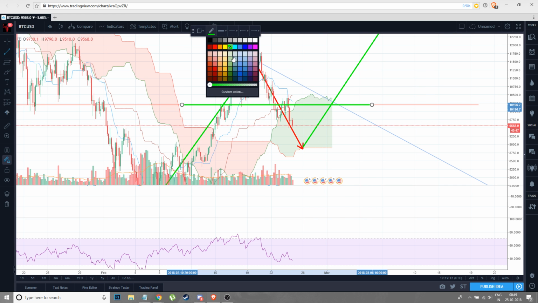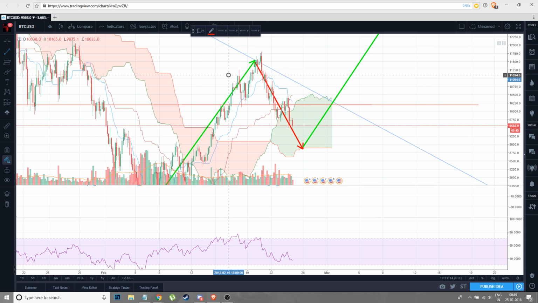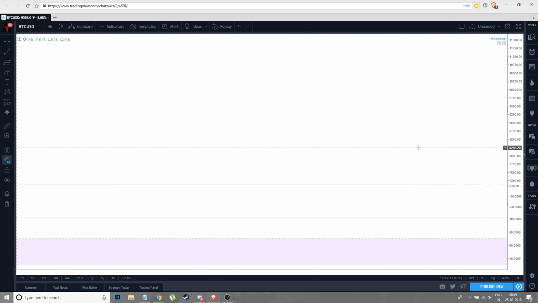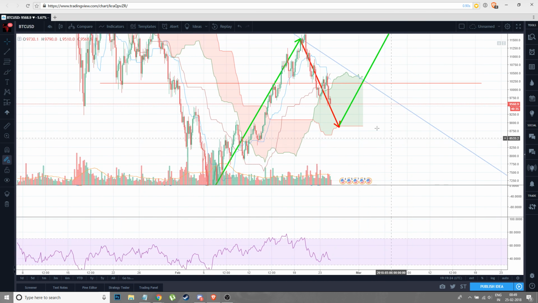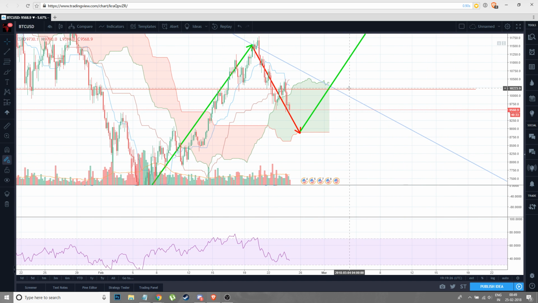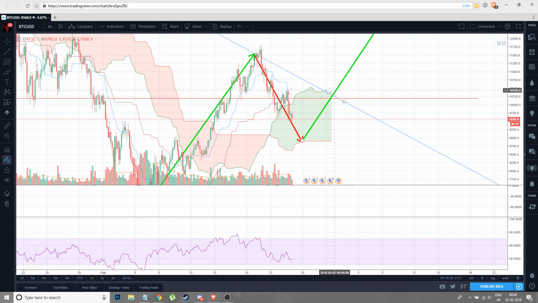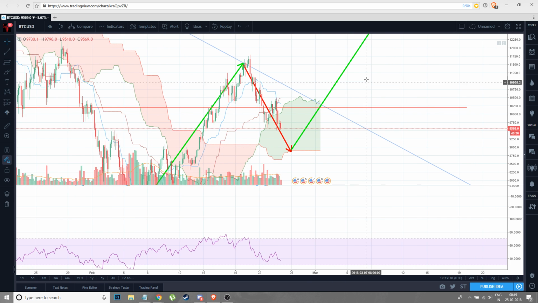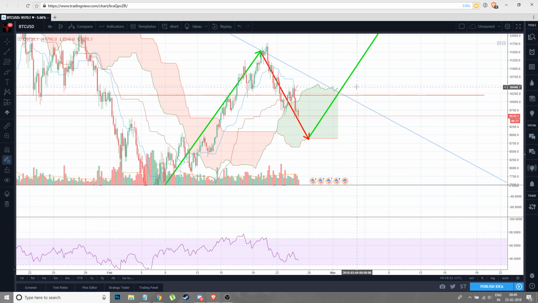Until then, I'm not bullish, so I'm expecting resistance at this level. Fair enough. All right. So once this area, 10,000, is broken, I can think about a long position, which means that until then, I'm not convinced in the uptrend.